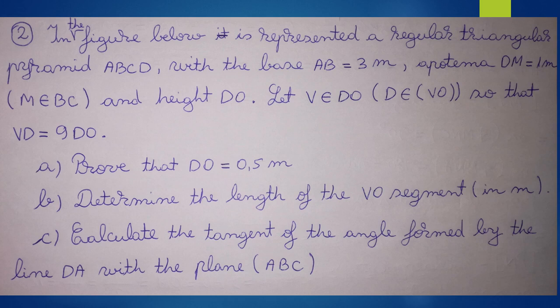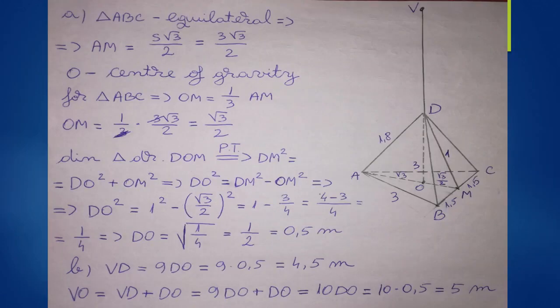Point A. Prove that DO is equal to 0.5 meters. B. Determine the length of the VO segment in meters. C. Calculate the tangent of the angle formed by the line DA with the plane ABC.